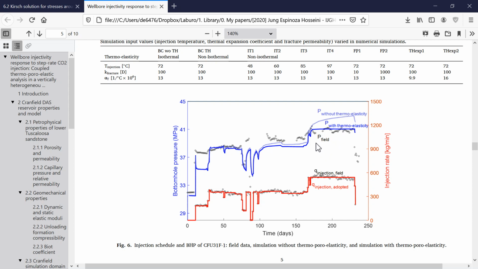Why? Because at more or less this time, we predict that the effective stress will go to zero, and that will produce the creation of a fracture. And the creation of that fracture would inhibit a further increase of pressure.